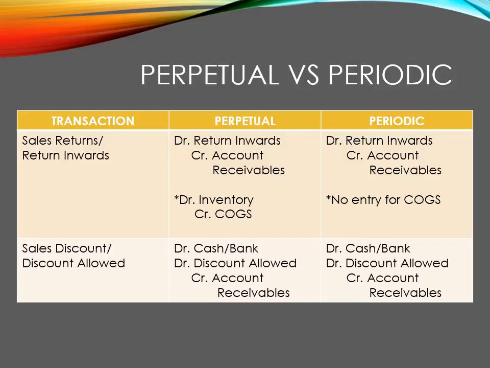So the perpetual and periodic inventory system records will be the same because it does not involve the movement of inventory. That's why the records are the same.